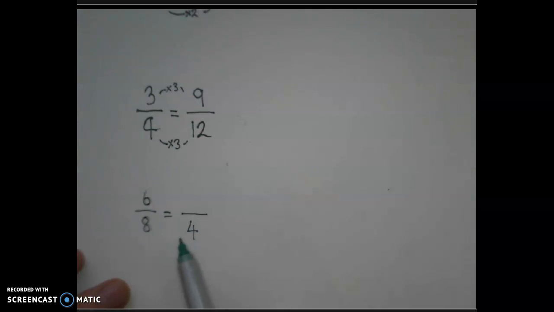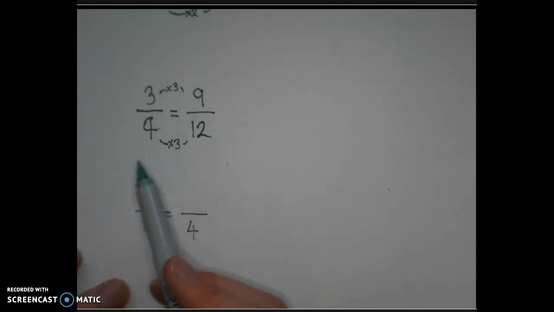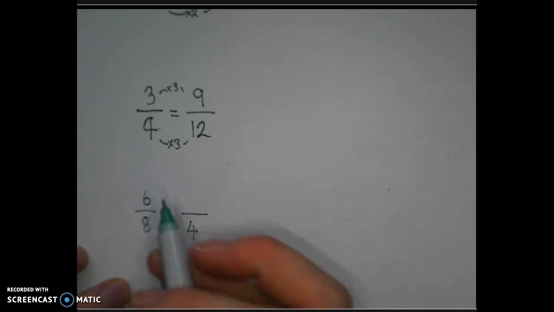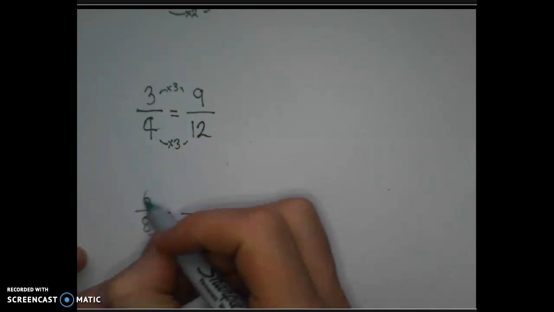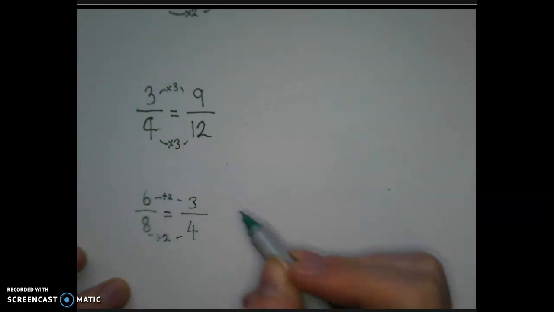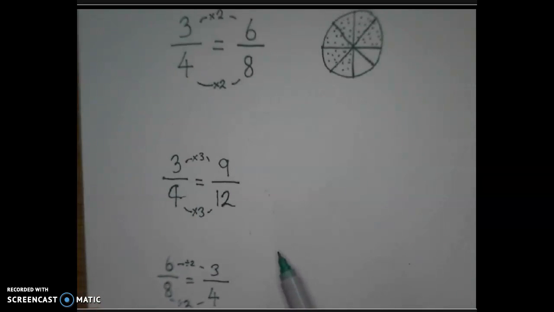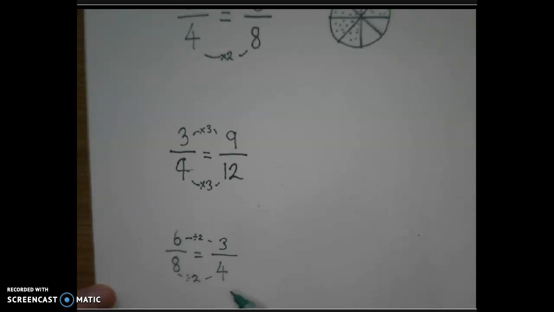Now remember we only ever do dividing and multiplying, we don't do takeaway or adding. So what do I do to 8 to get 4? Remember, multiplying is backward division, and division is backward multiplying. So we divide by 2. 8 divided by 2 is 4. So 6 divided by 2 is 3. Okay. Let's see, 3/4, 6/8.